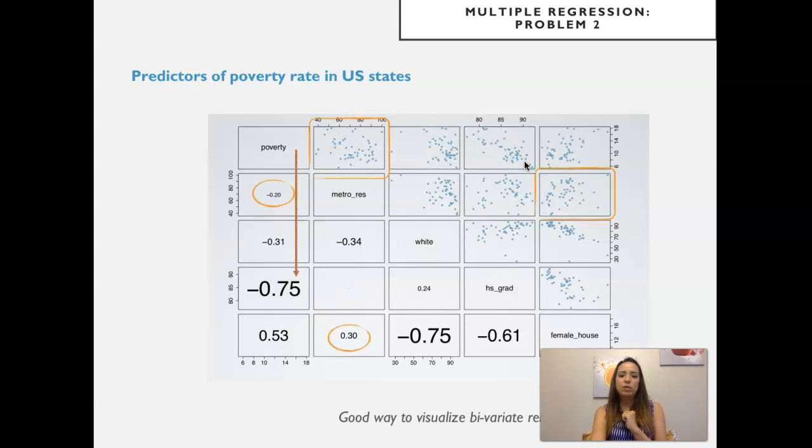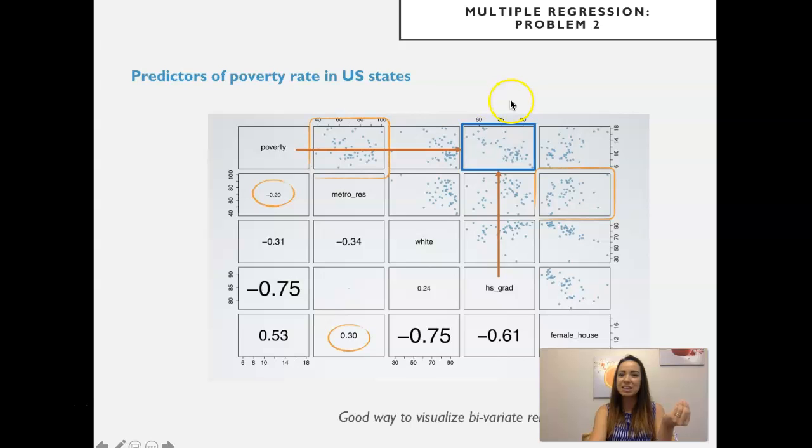If you want to know the relationship in terms of numbers that we determined last time, first of all, let's think that this is a negative relationship, and you can see how much tighter it is compared to these two. It's a negative relationship such that the more high school graduates, the smaller the poverty rate. The less high school graduates, the greater the poverty rate, right?